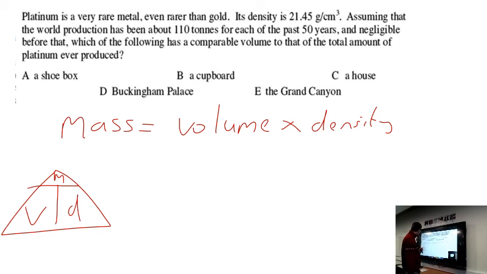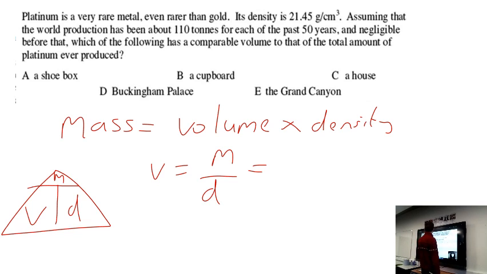So volume is equal to mass divided by density. Okay, so for platinum, the mass is 110 tons, and then the density is 21.45.